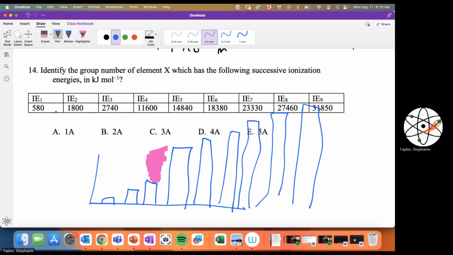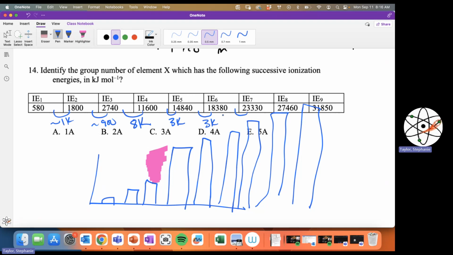this is a difference of about 1,000. This is a difference of about 900, but that's 2,000. This is a difference of about 8,000. This is a difference of 3,000. This is a difference of about 3,000.